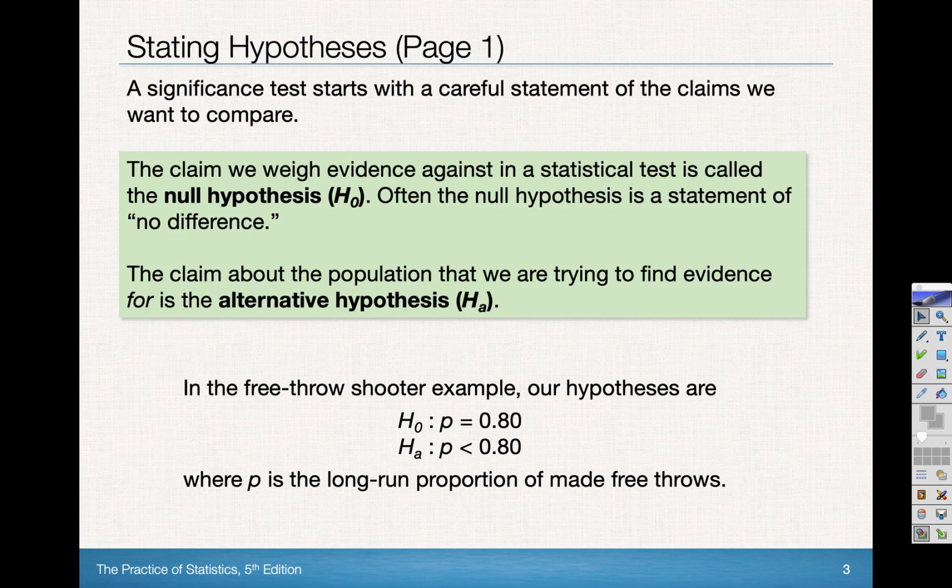I think you shoot less than 80%. Okay, so you're always comparing it to the null hypothesis. So I have P is less than 0.8 as my alternative. And the symbols that you use are H sub 0 for the null hypothesis and H sub A for the alternative hypothesis. So these are the two hypotheses that we're going to be working with today.